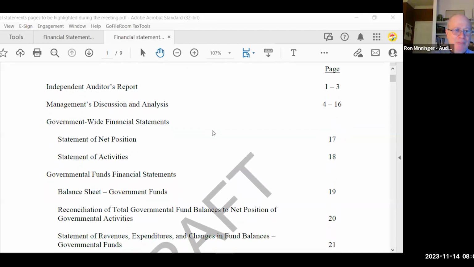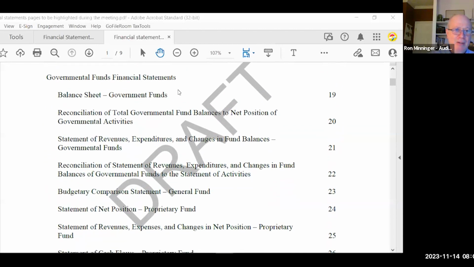Then, if we skip down to the governmental funds financial statements, they're on pages 19 through 28. Now, the governmental funds are presented on what's called a modified accrual basis, which means that only cash and short-term receivables and payables are included in those financial statements.